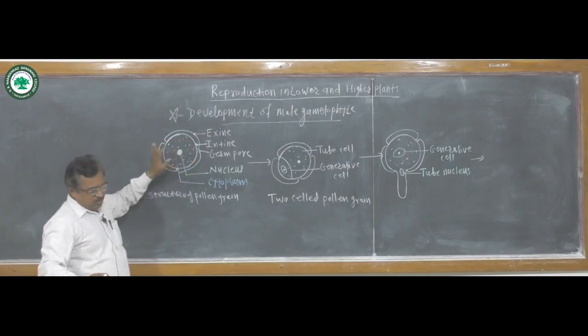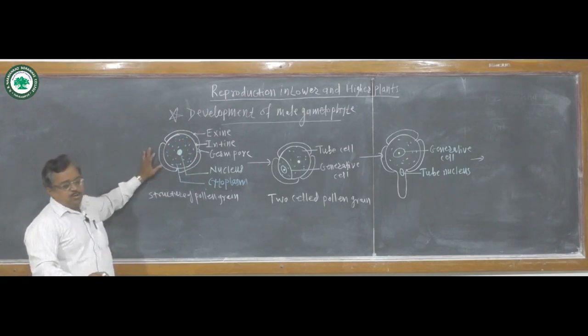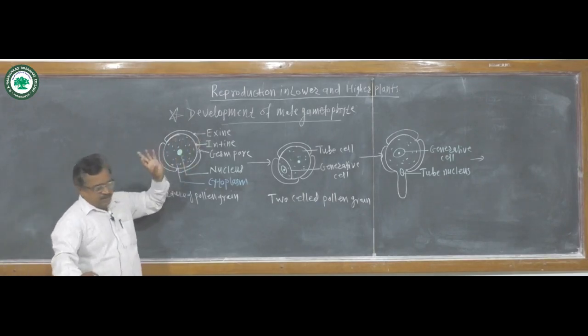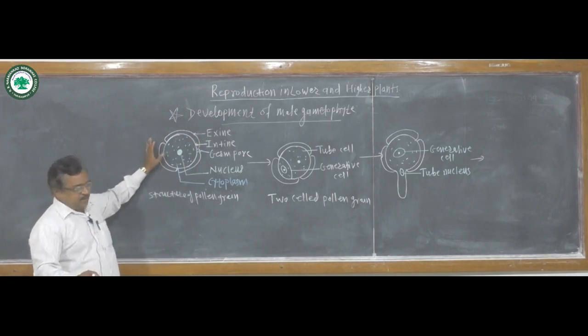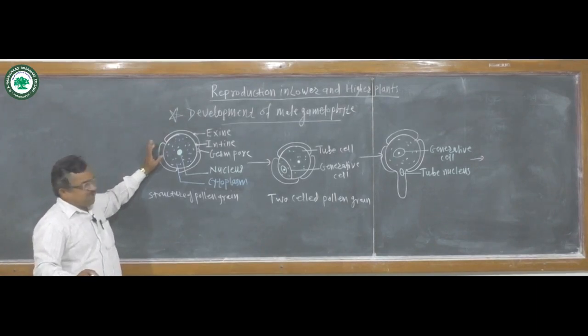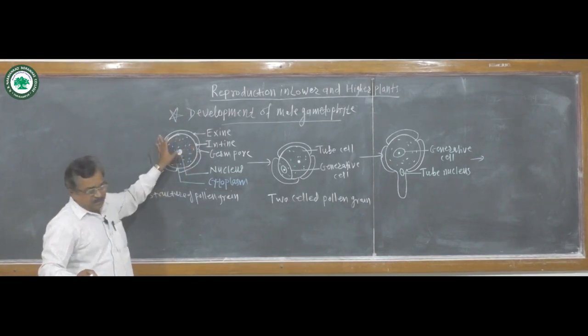You know, the wall of the pollen grain is called the sporoderm, and the sporoderm is differentiated into 2 layers, that is exine and intine. And in the exine, what is there? That is sporopollenin. It is a resistant, non-biodegradable substance present in the exine.